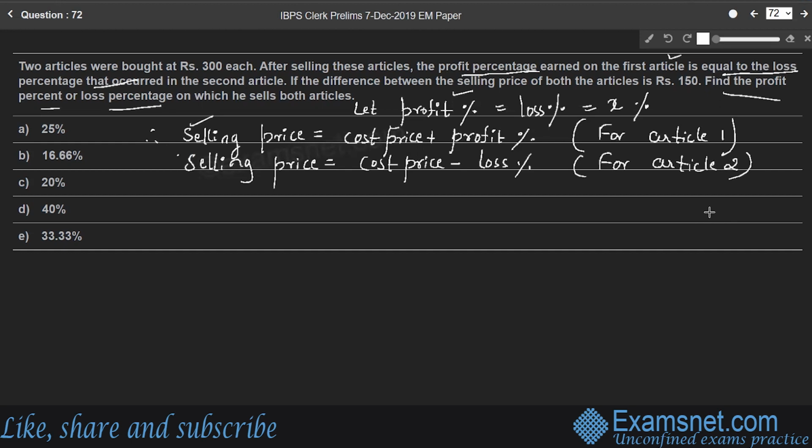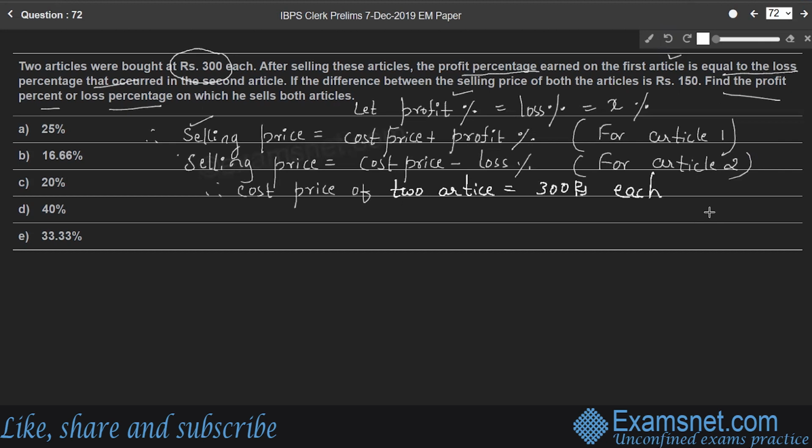Here the cost price is given, which is 300 rupees each. Therefore, the cost price of A and B, or 1 and 2 articles, two articles, is equal to 300 rupees each.